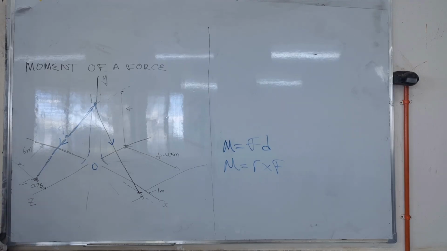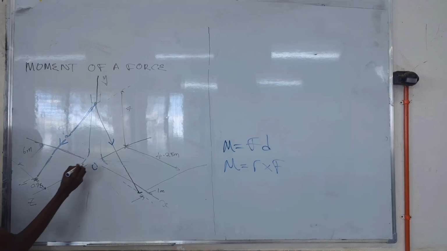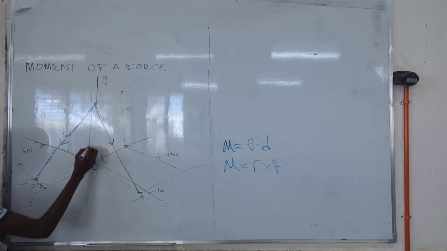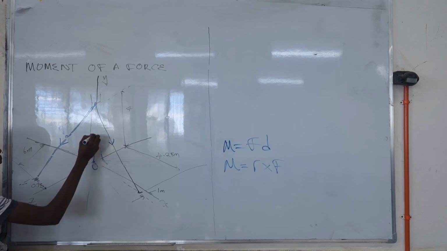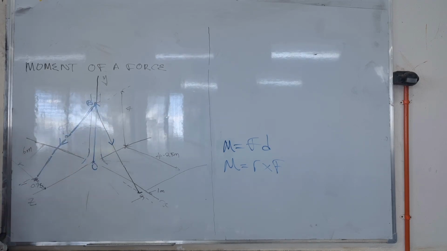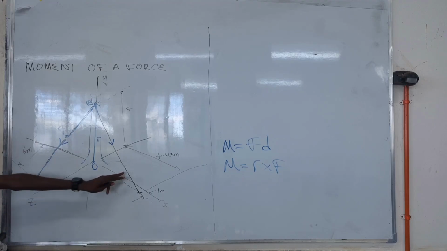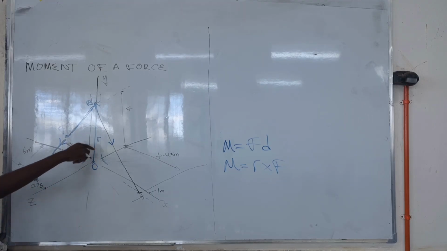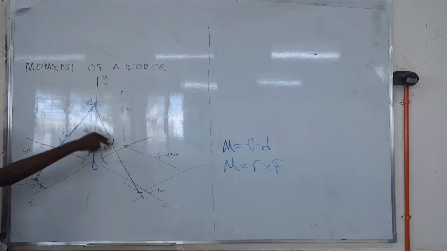For this one, the best distance you can select is moving from the origin here to this point. What's this point? It's B. If you come here and this is your R, this R is going to touch the force. Again, when you come this side, you're going to use this same R because it's going to touch this other force.